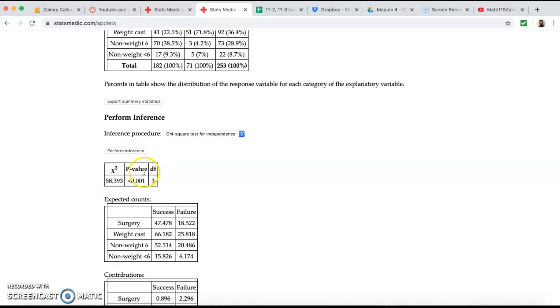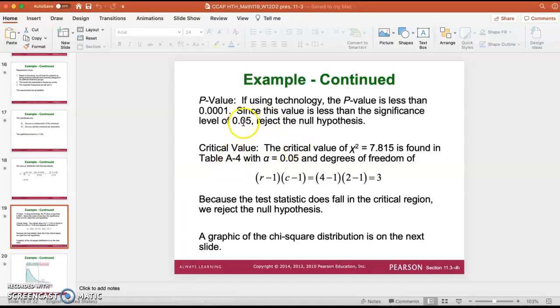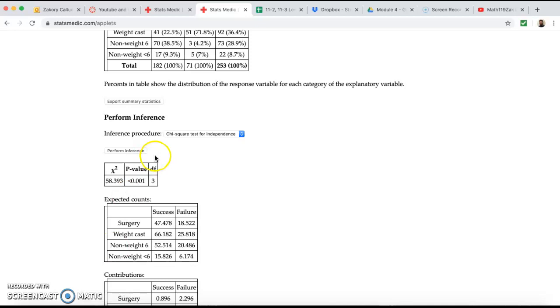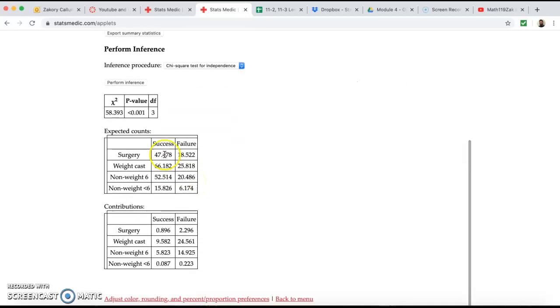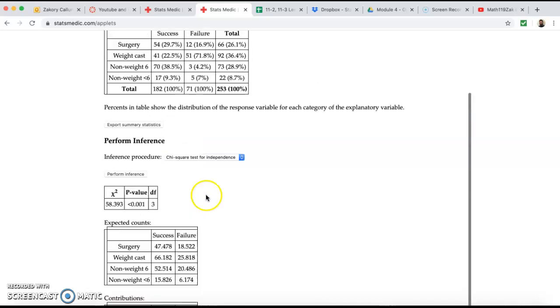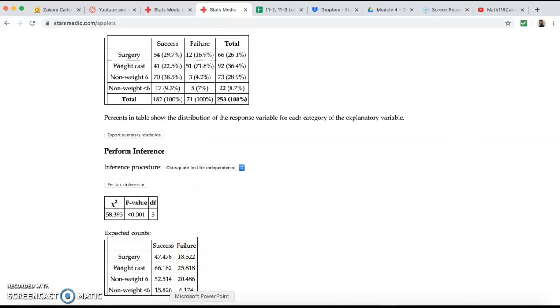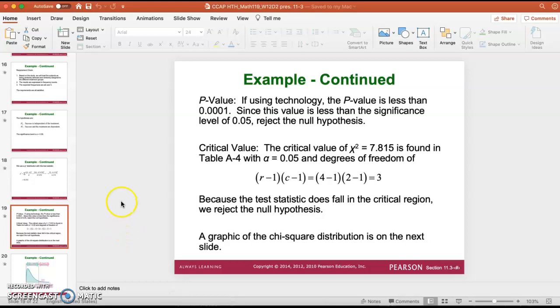And it's telling me that the p-value is less than 0.001, so it's very small. And I could use that to know that it'd still be less than 0.05 for that p-value. So just knowing again that I'm rejecting the null hypothesis. And something that's nice with this applet is it actually gives you the expected counts here as well. Those are ways you can use that StatsMinute applet for the test for independence.